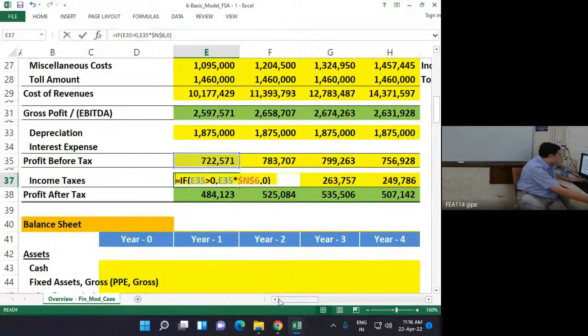So we are checking if there is a profit, that is, profit is more than 0. If profit is happening, then profit into tax rate.